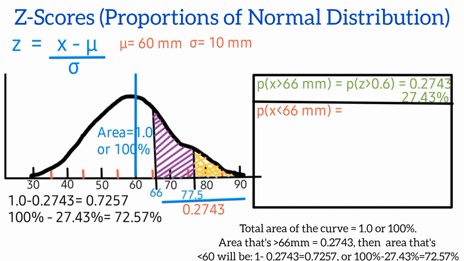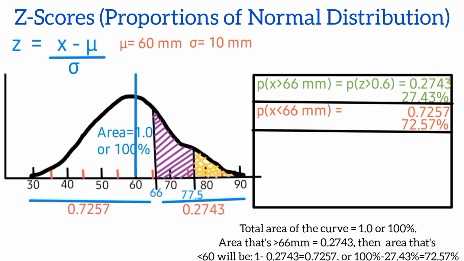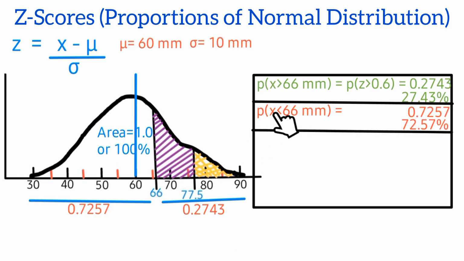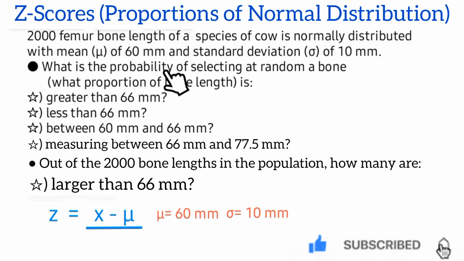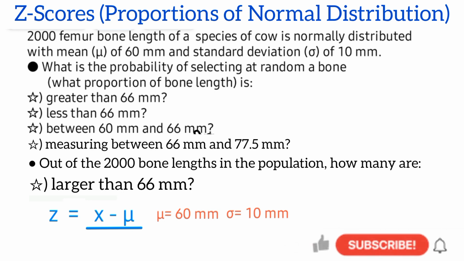Or we could say 100% being the total area minus 27.43%, and that gives 72.57%. So the probability of an X less than 66 millimeters equals 0.7257 or 72.57%.